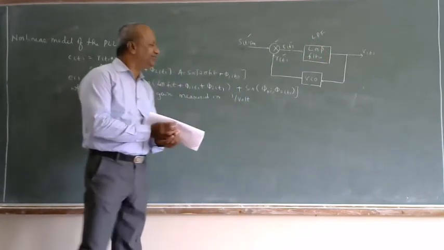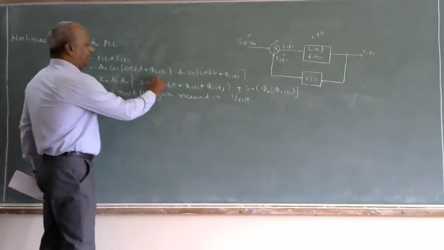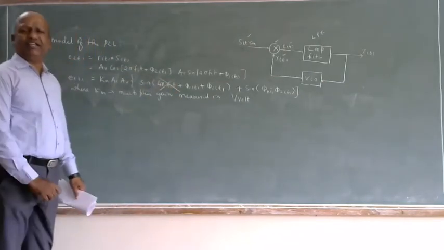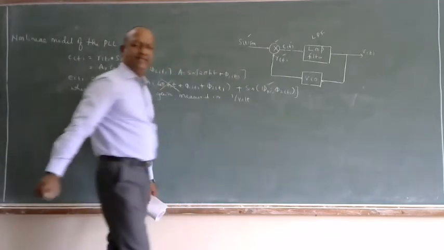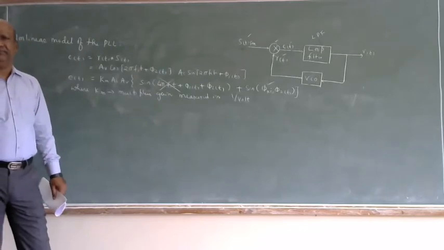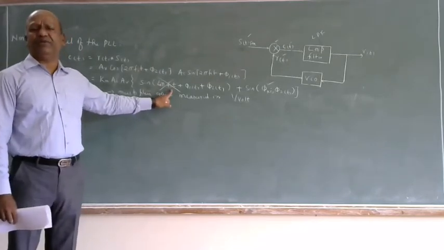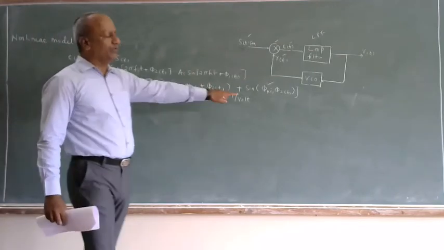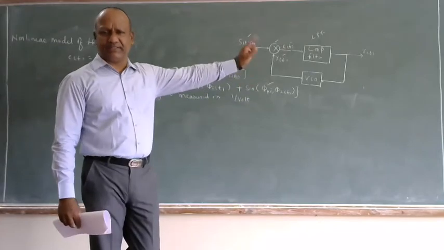Yes or no? So it attenuates the first term, it passes only the second term. The response of the filter is negligible for the high frequency component and it only gives a response to the low frequency component because it is a low pass filter.